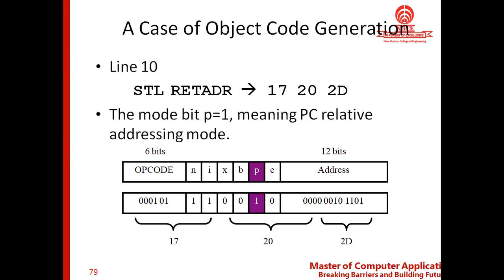So here we have a 4-digit number, 002D, out of which we take only the 3 digits from the right, as the displacement has only 12 bits. The preceding zeros we leave. So we take only the last 3 digits, that's nothing but 02D.